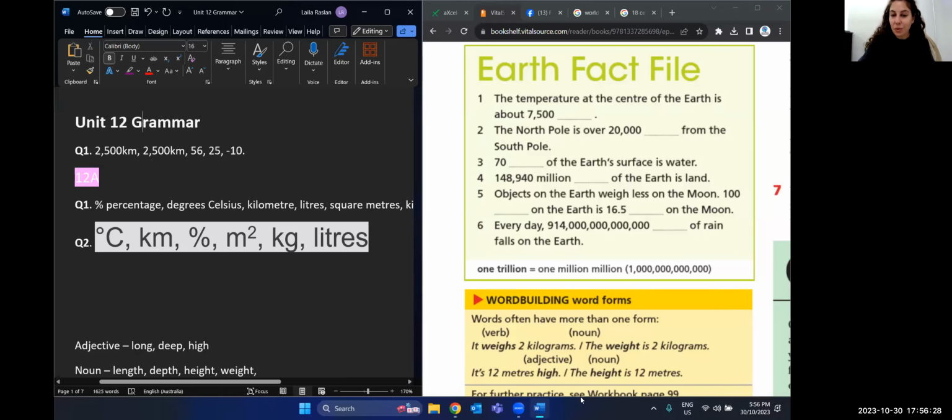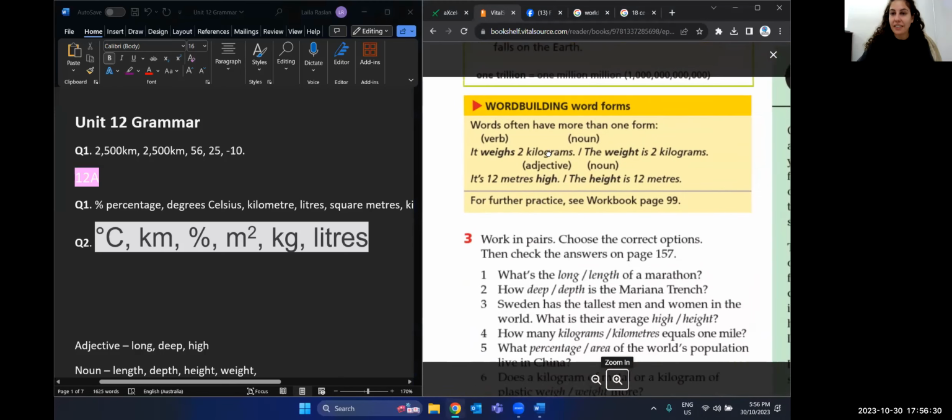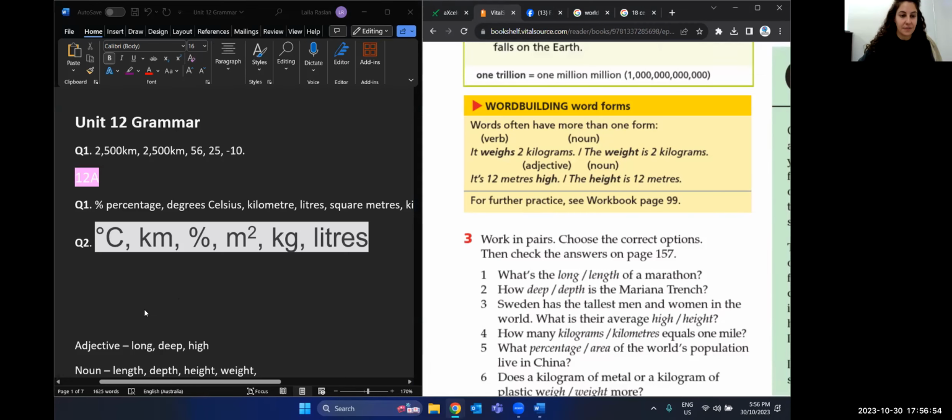Okay, so let's look at some words. Words often have more than one form. Some words can be made up of the verb and the noun. It weighs 2 kilograms. That's an adjective, sorry. And the weight is 2 kilograms. It's 12 meters high. That's an adjective. The height is 12 meters.